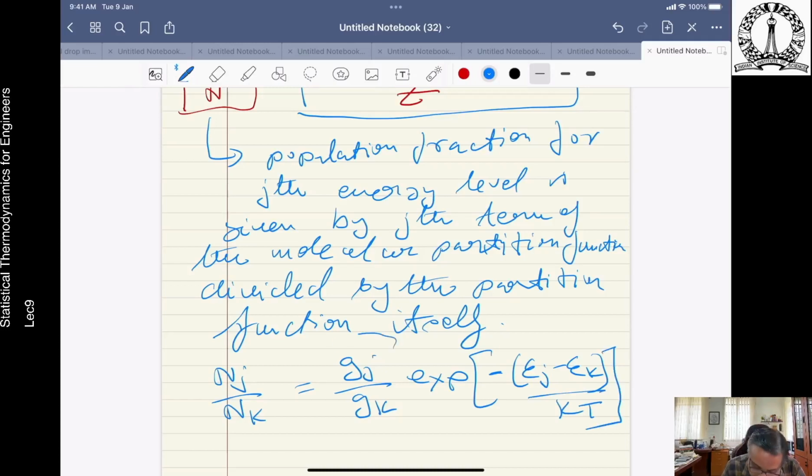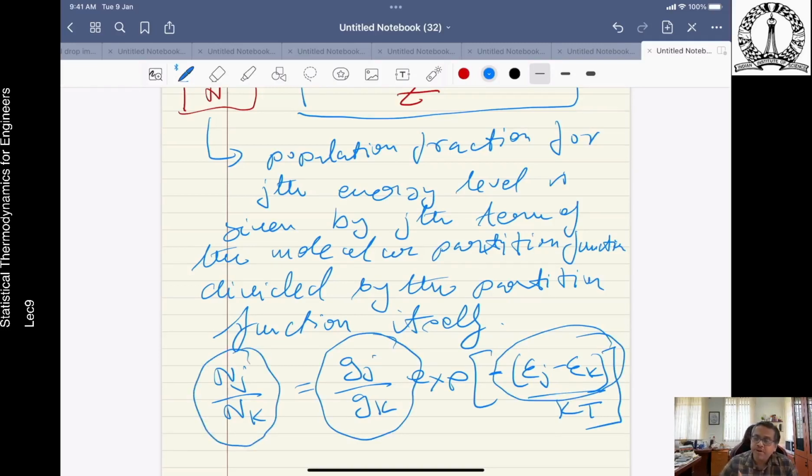So this is the relative degeneracy and this is the relative energy difference. So this is the ratio of the number of particles in energy level j versus energy level k, which is equal to the ratio of the degeneracies at those two levels and the exponential of the energy difference between those two levels.